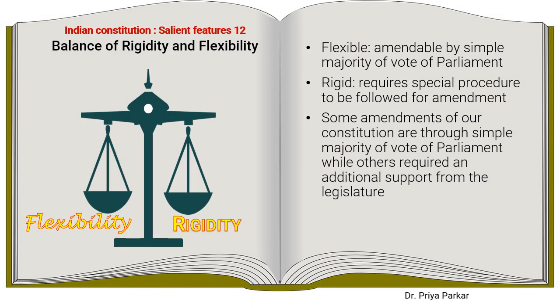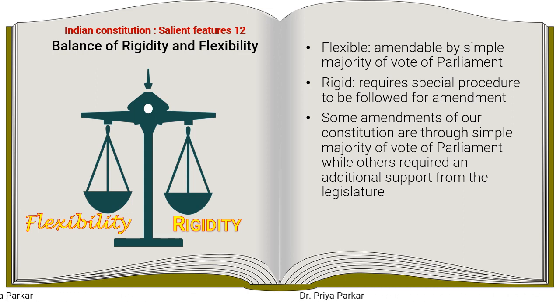The Indian Constitution is a unique example of a combination of rigidity and flexibility. The Constitution is a dynamic document. Hence, there is a provision to make revisions called amendments. A constitution may be called rigid or flexible on the basis of its amending procedure.